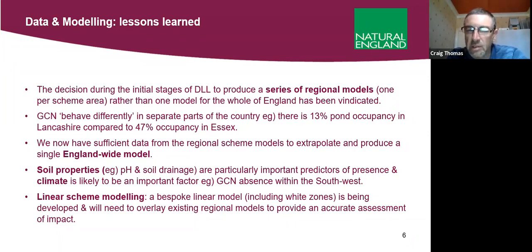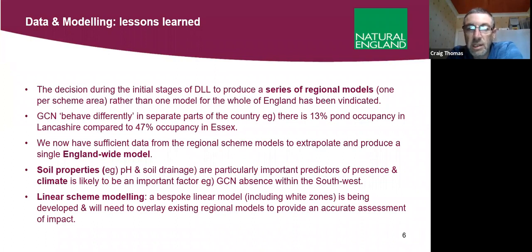So the regional approach, bespoke to a county, is definitely more accurate in predicting the presence or absence of GCN. That said, we are now using the regional scheme models we've developed to extrapolate and produce an England-wide model, one for the whole country that can be layered behind all of the regional models. I'll explain why that's important later.